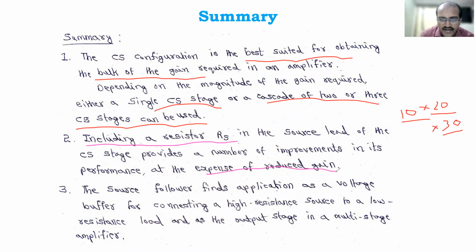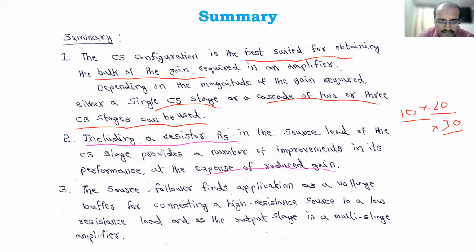Its bandwidth is extended, and it will control the VGS value. So these are a number of advantages we have observed, and even more we will see in the coming classes. The same amplifier stages we will be using in the next consideration, while discussing the high frequency model and the frequency response of the amplifier. That's why this is the basis.